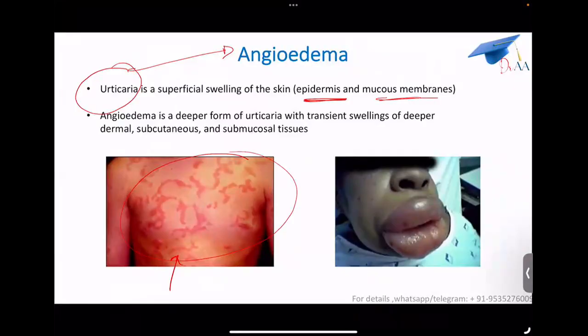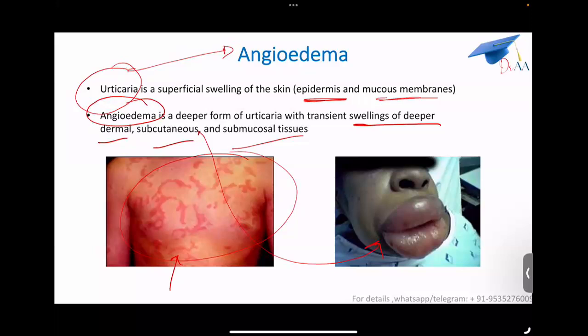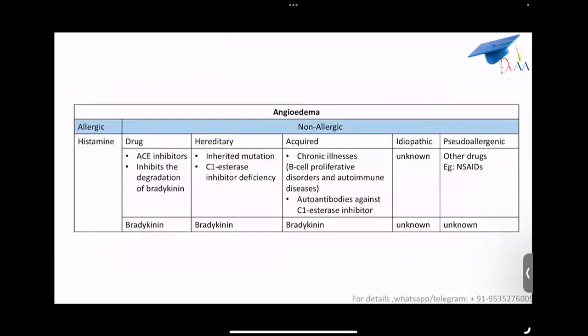It might be in any part of the skin. In angioedema, usually the deeper layers are involved and there will be swelling, that is dermal, subcutaneous, and submucosal tissue will be involved. Most commonly, the anatomical area involved is the mouth, especially the lips and tongue.